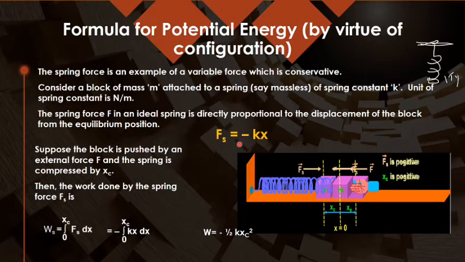So Hooke's law has been stated only within the elastic limit. This formula we get by using Hooke's law. And this value of force, which I may call the spring force, is for the ideal spring within the elastic limit.